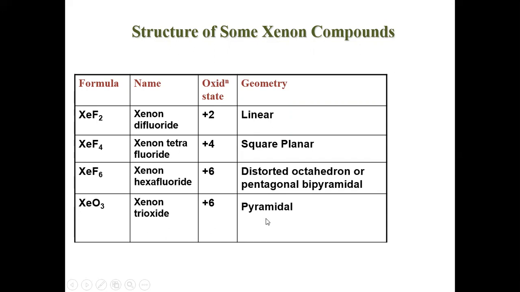You get pyramidal shape, with 3 bond pairs and 1 lone pair. In the bond pairs, you get 3 sigma bonds and 3 pi bonds. It is an explosive compound, a hygroscopic explosive compound.